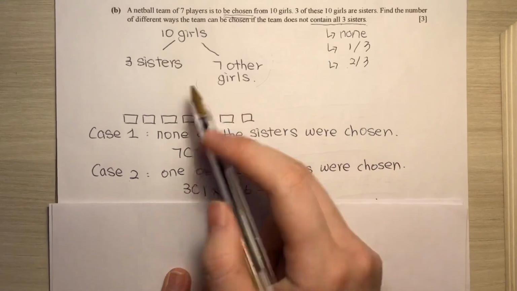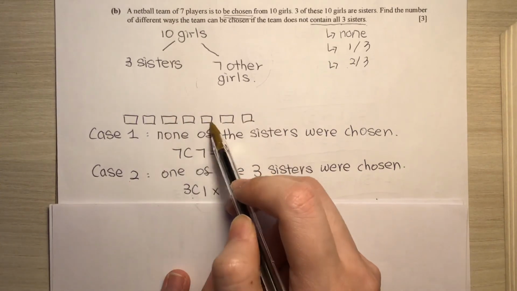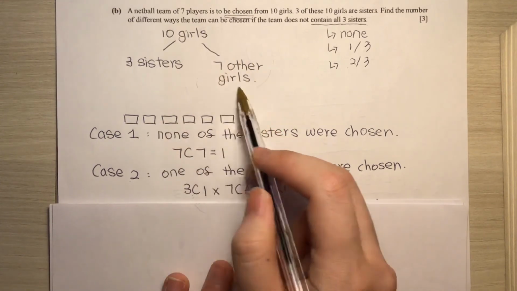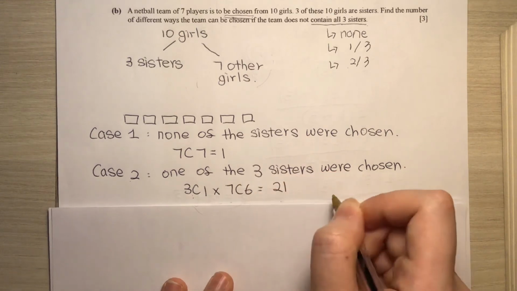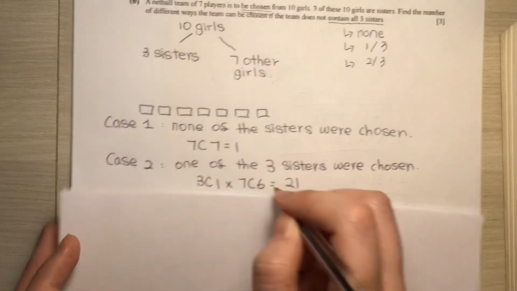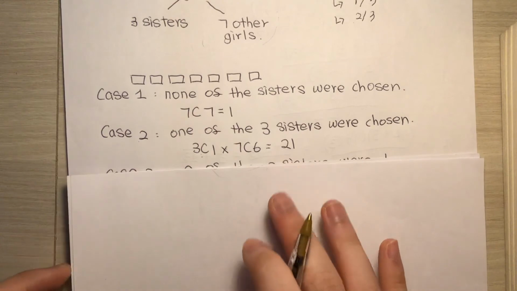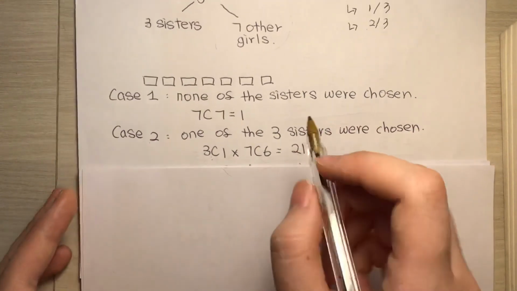Then when one of the spaces is occupied by one of the sisters, the remaining spaces will be filled by the 7 other girls. So out of the 7 other girls, we choose 6 of them. So all we have to do is multiply 3C1 by 7C6, and then we will get 21 in this case. And that's the number of ways you can form a team where only one of the sisters is chosen.